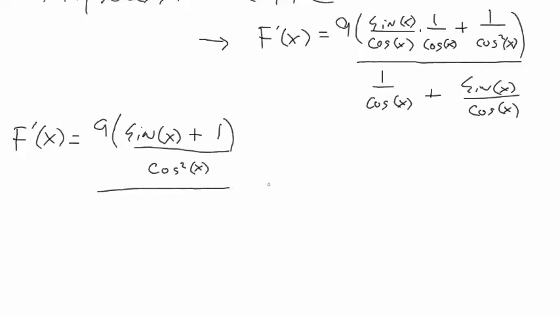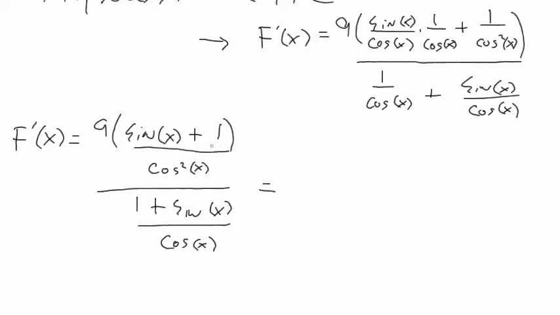And then that's all over, we've got a common denominator, cosine x, so we can just say 1 plus sine x over cosine x. Anyway, this should be brought down here.